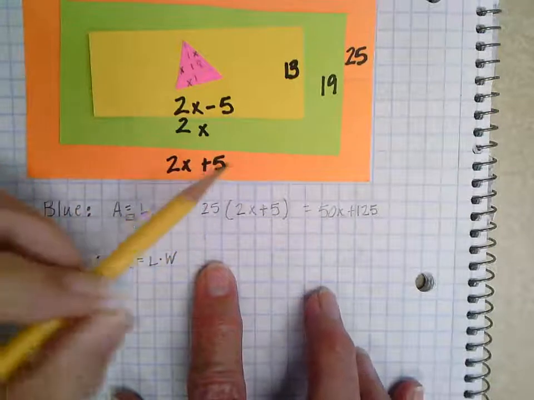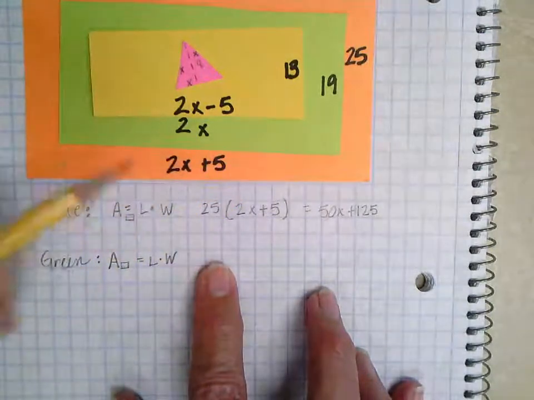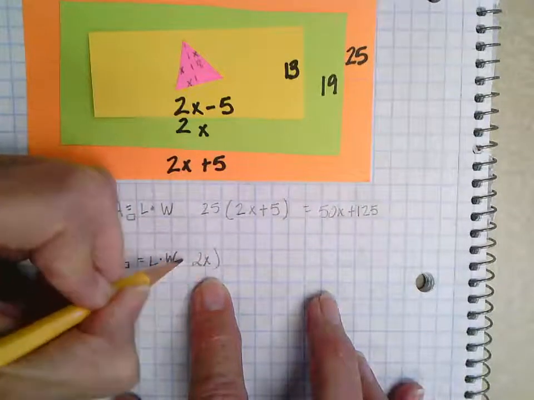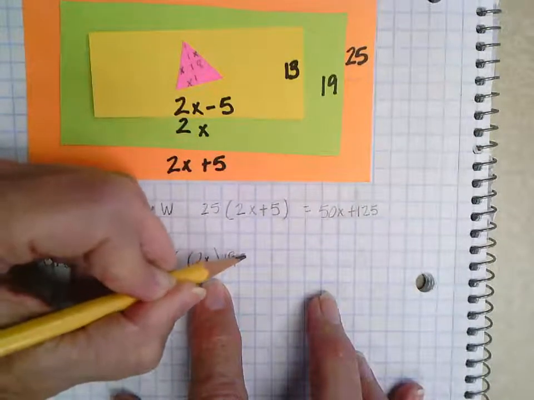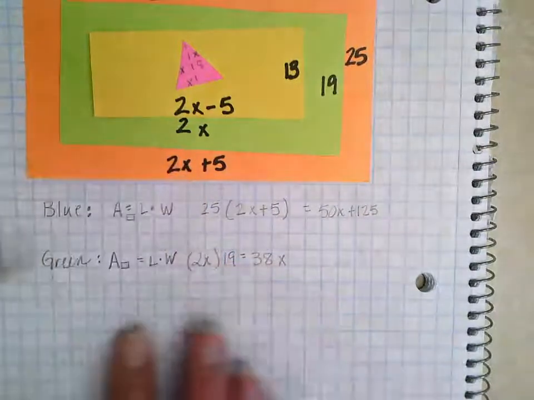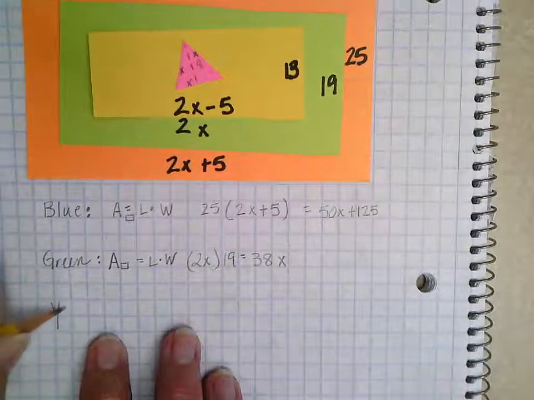So we're going to have 19 times 2x, or 2x times 19. And that's going to give us 38x. We do the same thing for the yellow.